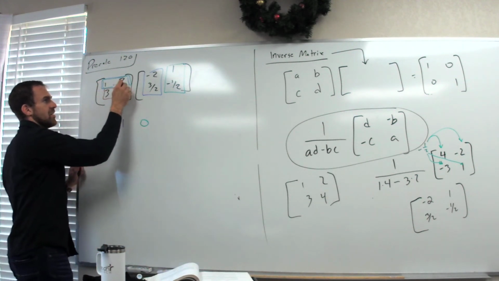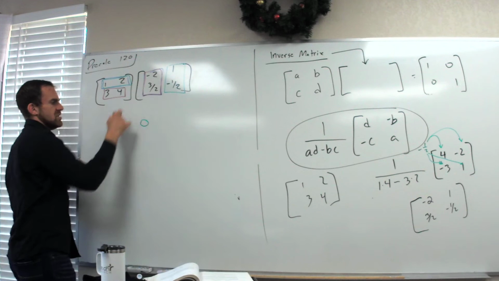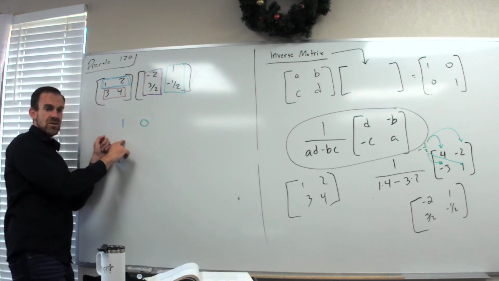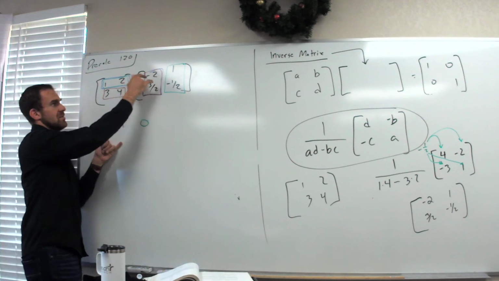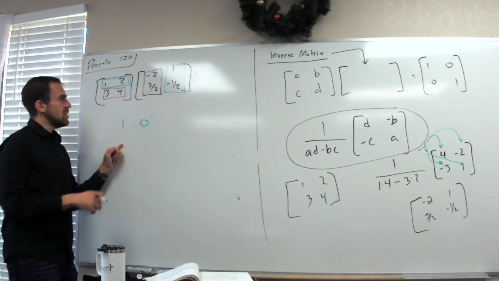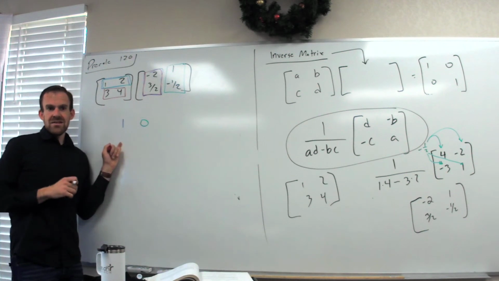Now we take second row, first column, which is going to live in the second row, first column. 3 times negative 2 is? 4 times 3 halves is?